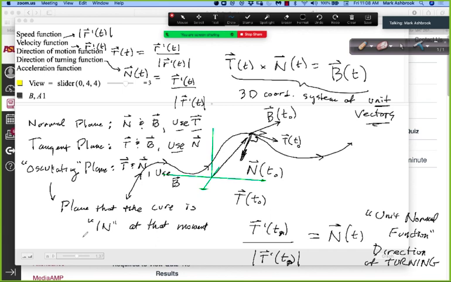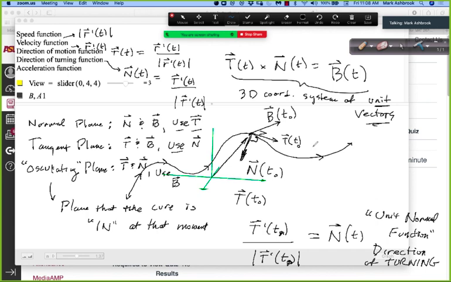So it's the plane of motion. It's the plane that the object is traveling in at that moment. It's the plane of T and N. Does that make sense?